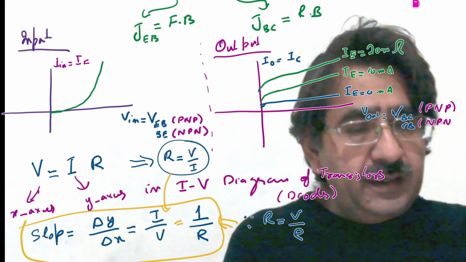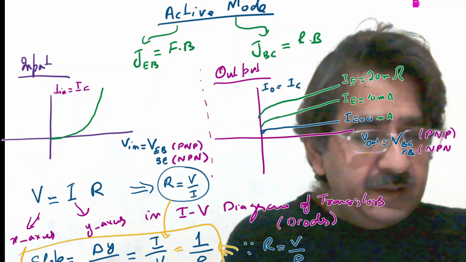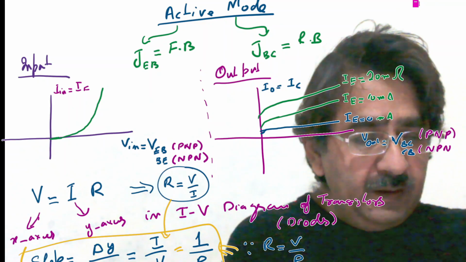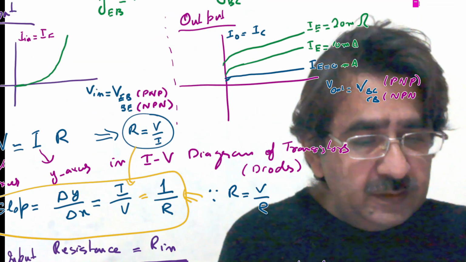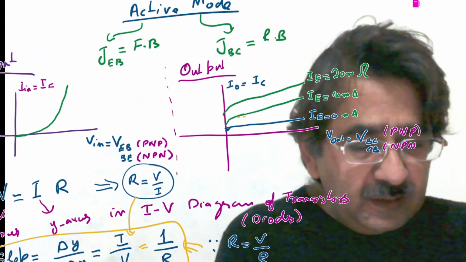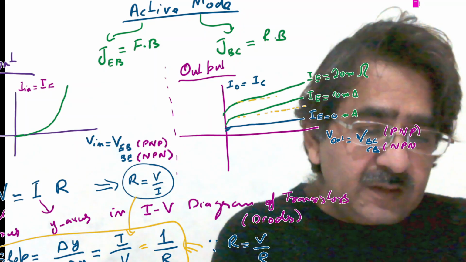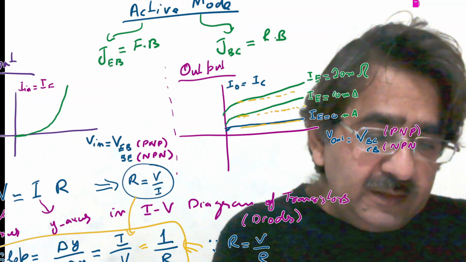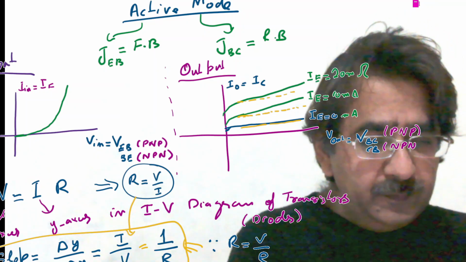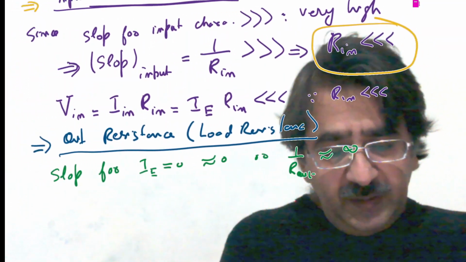But as you may see, here the slope is nearly equal to 0. But here, as we can easily observe, there is a little bit of slope that is not equal to 0. This is like a 0, but this slope is not equal to 0, but it is very high.